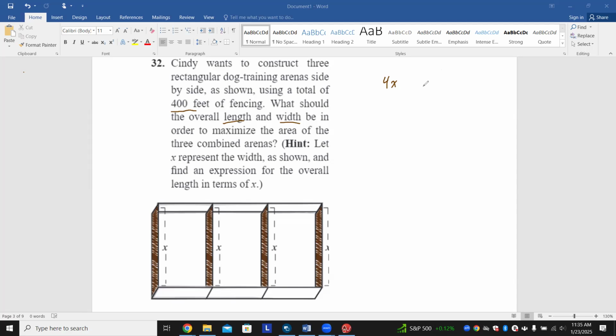So this right here would be like 400 minus 4x. And that would give me a total length here. But there's 2 of them.